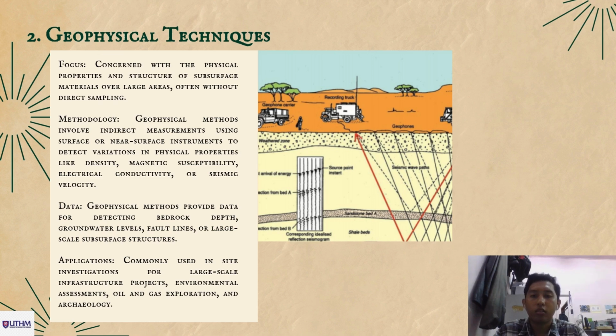For data, geophysical methods provide data for detecting bedrock depth, groundwater level, fault lines, or large-scale subsurface structures. In application, geophysical techniques are commonly used in site investigation for large-scale infrastructure projects, environmental assessment, oil and gas exploration, and also archaeology.